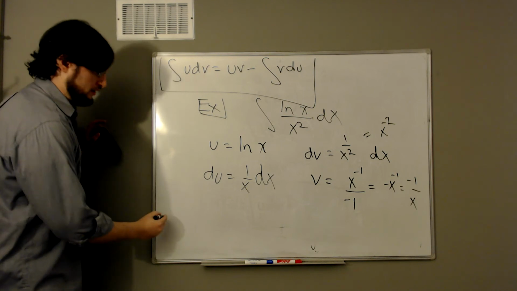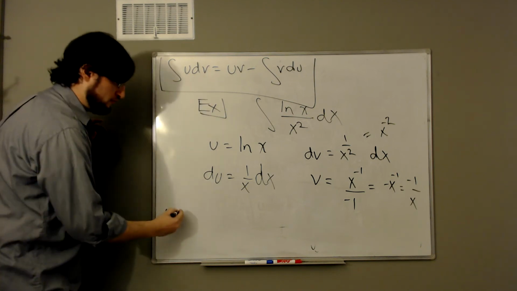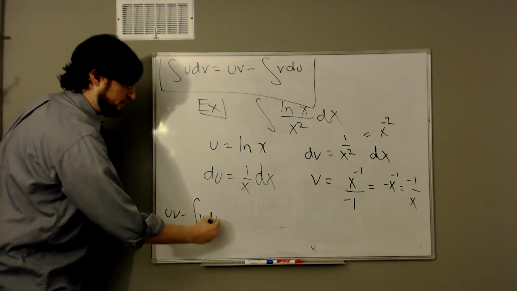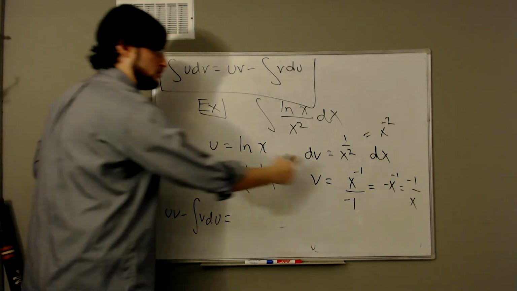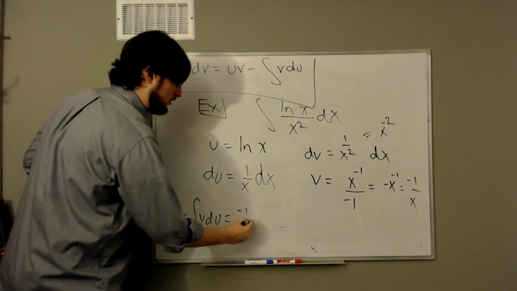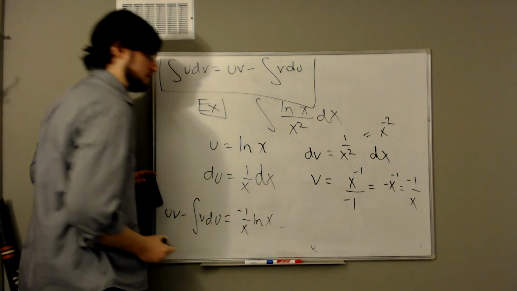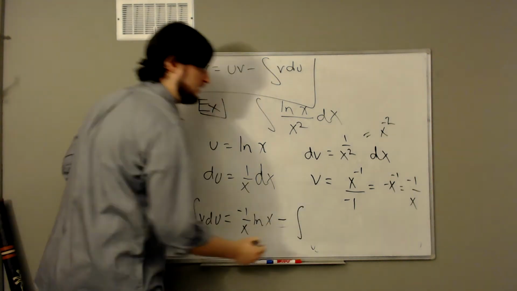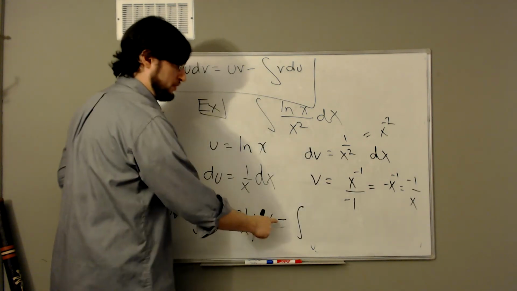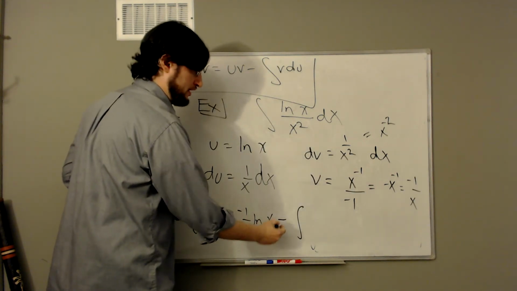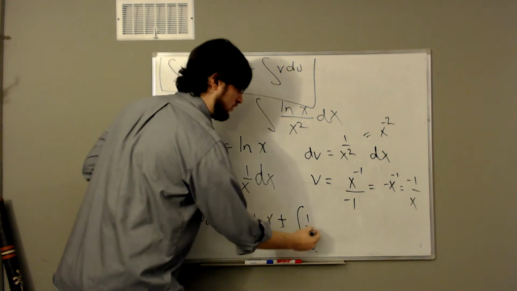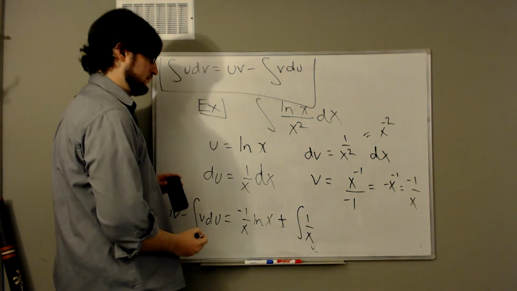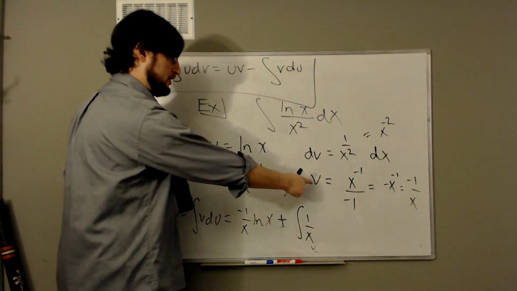So now we apply our formula, uv minus the integral of v du. uv is minus 1 over x ln x, minus the integral of v. Well, that's minus 1 over x, but we have a minus sign here, so let's turn that into a plus 1 over x times, that's v.